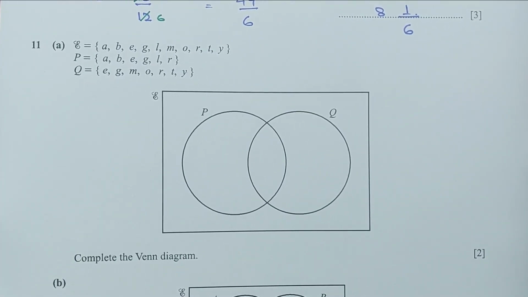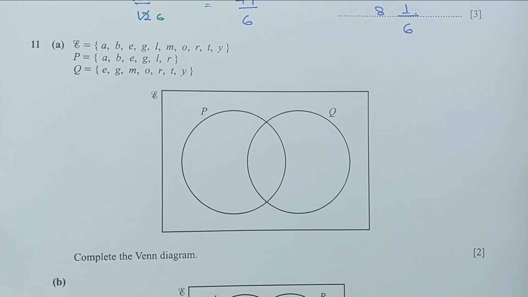Question number 11, part A, we have a universal set, a set P and Q. Complete the Venn diagram.